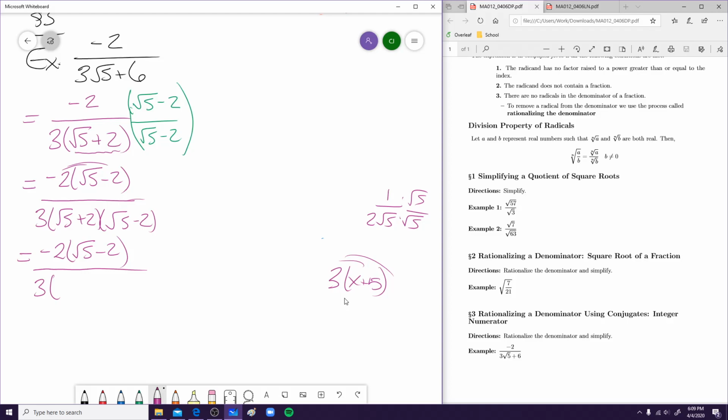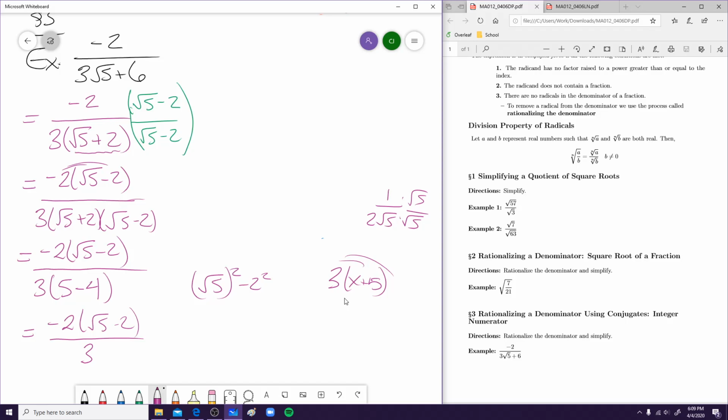So this is equal to 5 minus 4, right? Because it is square root of 5 squared minus 2 squared. So this becomes negative 2 square root of 5 minus 2 over, and then 5 minus 4 is 1. 1 times 3 is 3.